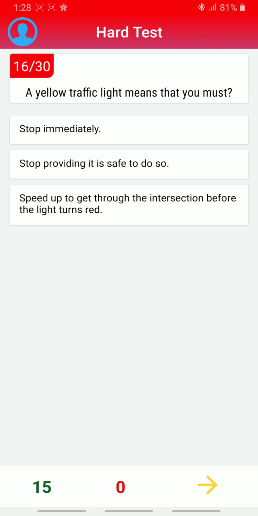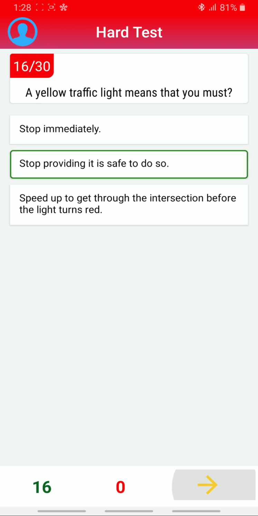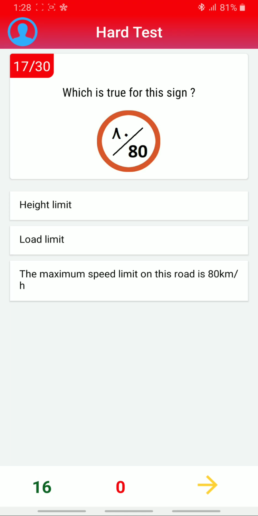Two questions mostly come in the test regarding the signals only. If there is a yellow light turned on, you need to stop, provided it is safe. Second option is correct. This question was also there in my previous lessons.